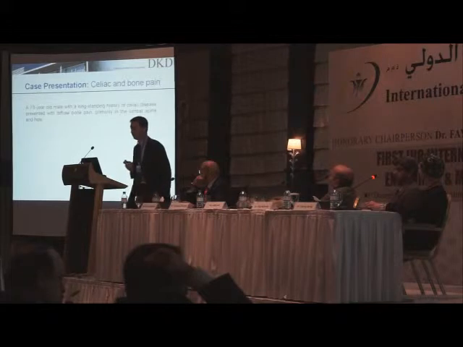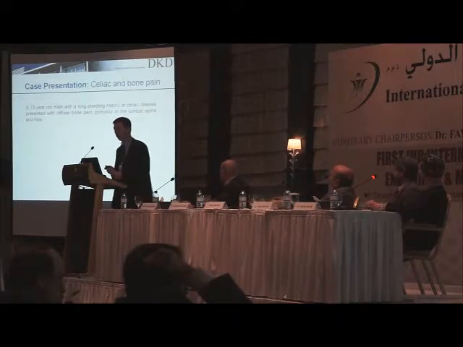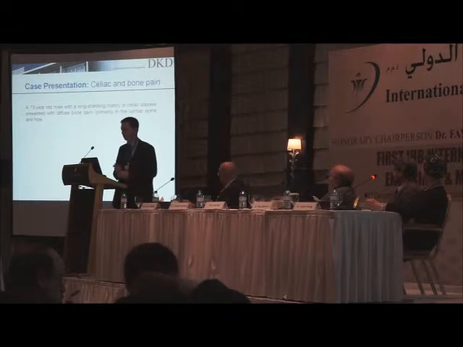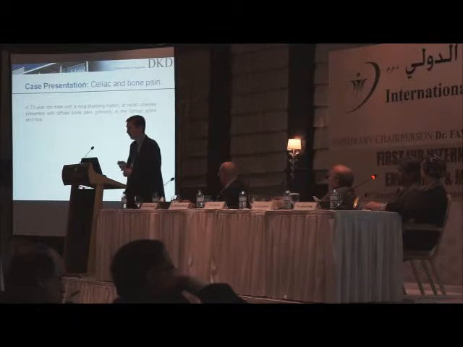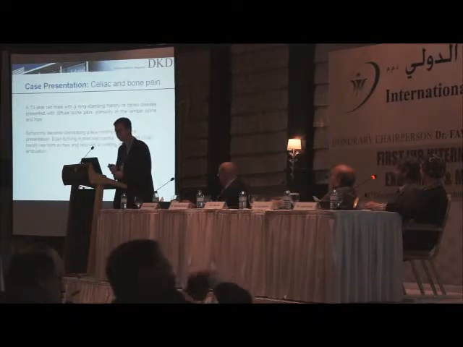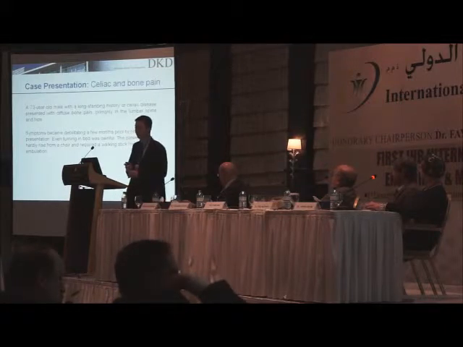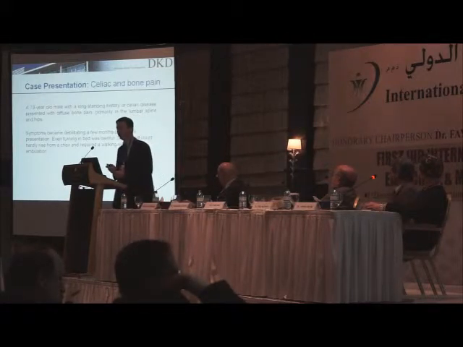This is a 73-year-old man I saw. He has a long-standing history of celiac disease, and he presented to me with diffuse bone pain, primarily in the lumbar spine and hips. He ached everywhere in the entire body, and this became debilitating a few months prior to his visit, and he couldn't even turn in bed.